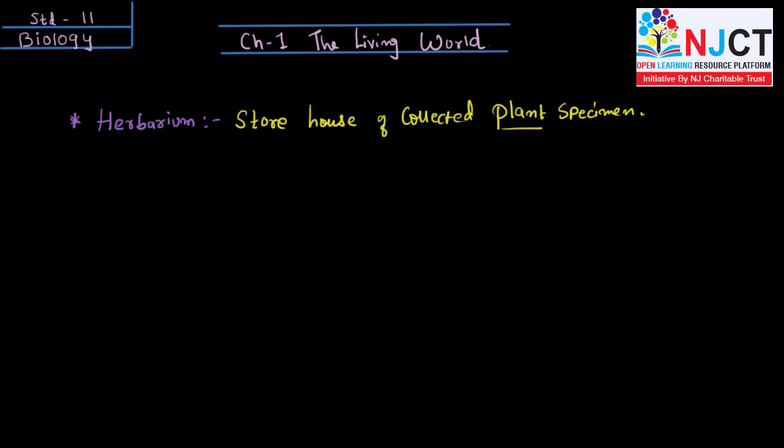Plant, remember. Of course, we are going to study about animals too, but right now it is a collection of plant specimen. Now, what is herbarium? Storehouse, collection of what? Plant specimen, right? But living or dead? I mean, either you can store a living plant or a dead plant, right? Here, you are going to store a dead plant or any plant part, you can say.